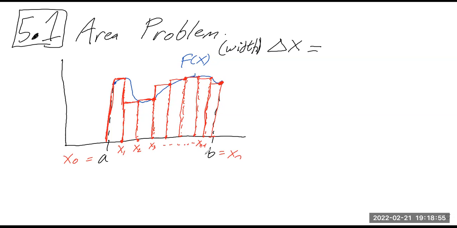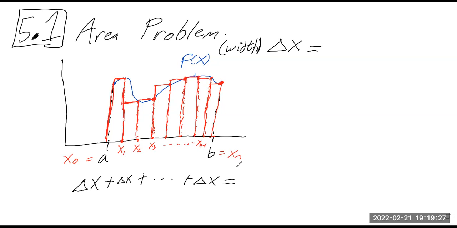And they all have to add up to be the length of the interval. So think about it like this. I have delta x plus delta x, the same width for every single rectangle. I'm just adding them up n times. And what they have to be equal to is this entire width.